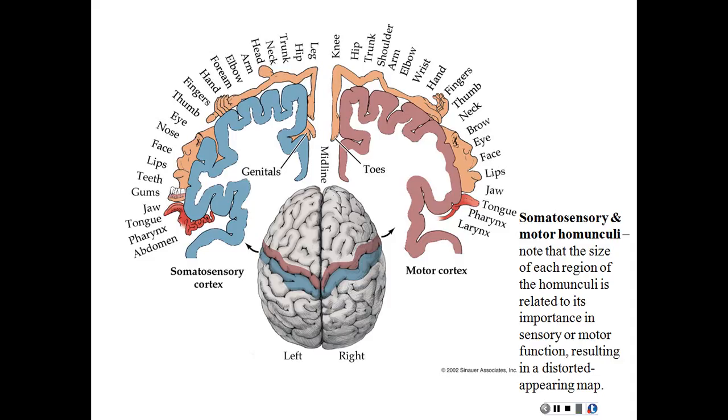Because you need neurons that are specifically going to affect the toes versus the hand, the knee versus the elbow, the hip versus the shoulder, and especially for the hand, for all the precise things that human beings do with their hand, and absolutely with the face, for all the precise things we do with our face, in particular, speech. So when you think about it, there is this regionalization of function.